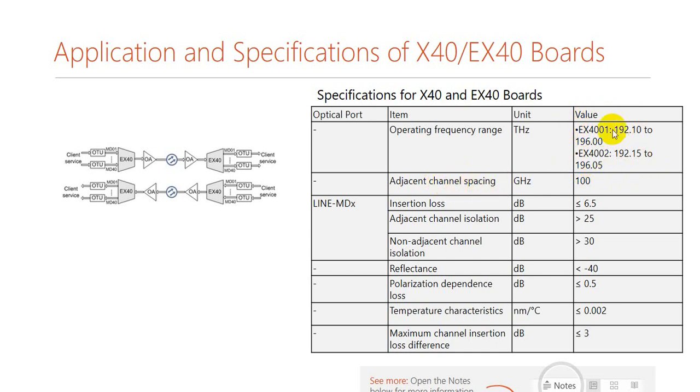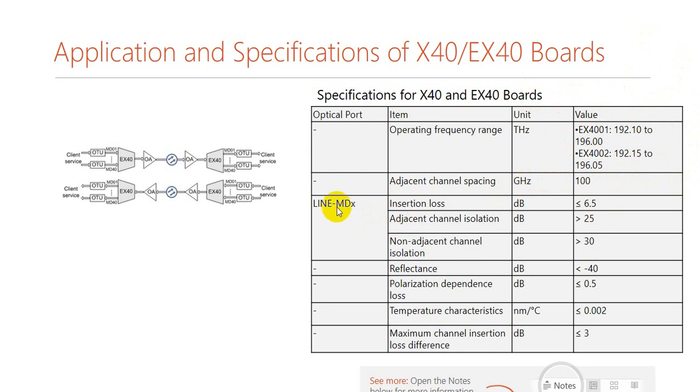Channel spacing in a 40 channel EX board is 100 gigahertz. Don't confuse this: in DWDM 80 channel we say the channel spacing is 50 gigahertz, but in each EX board, because it is carrying only 40 channels, the adjacent channels are left out, so the spacing becomes double. That gives you 100 gigahertz.